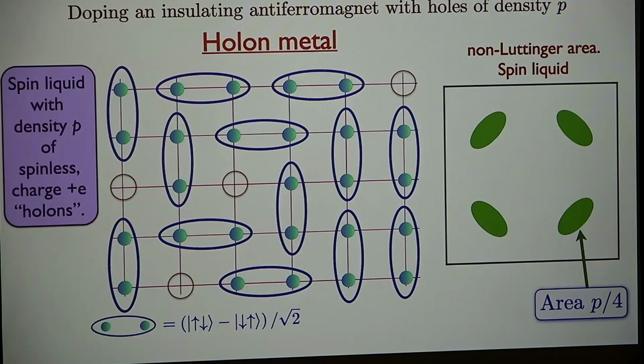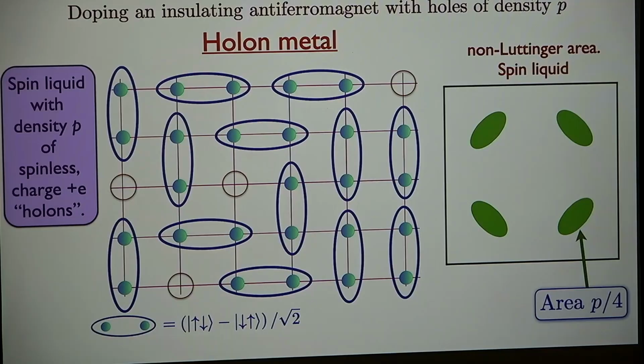And depending on the theory, but in a large class of theories, including certain quantum dimer models, these vacancies would be fermions. We call these vacancies holons because they don't carry spin. And if they're fermions, then I can apply the usual Luttinger argument to the holons.